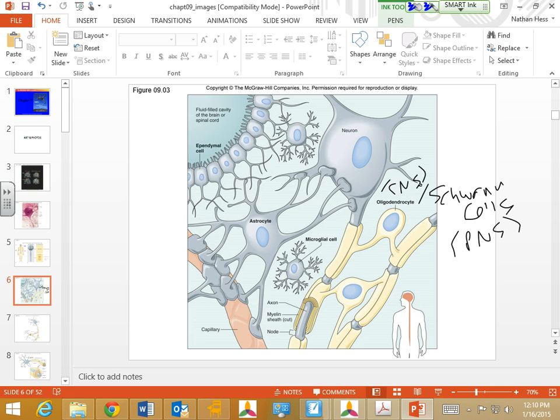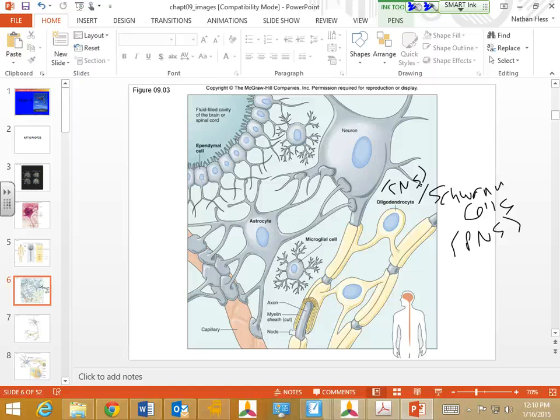The microglial, these are the guys that phagocytize, right? The bacteria or the waste products. Astrocytes provide support. That's their main function, right? They do a couple other things, but they do not send electrical signals. Yep, these are all support. That's what neuroglial is.